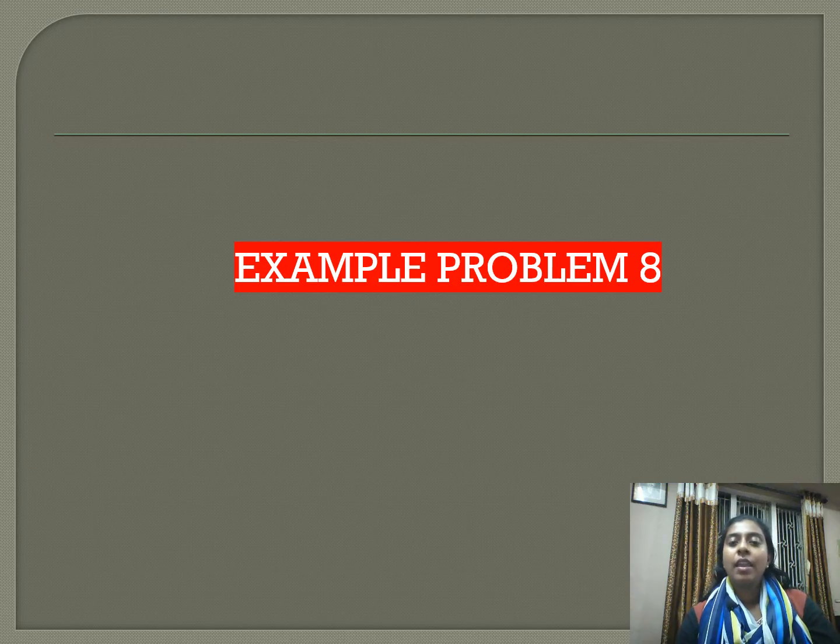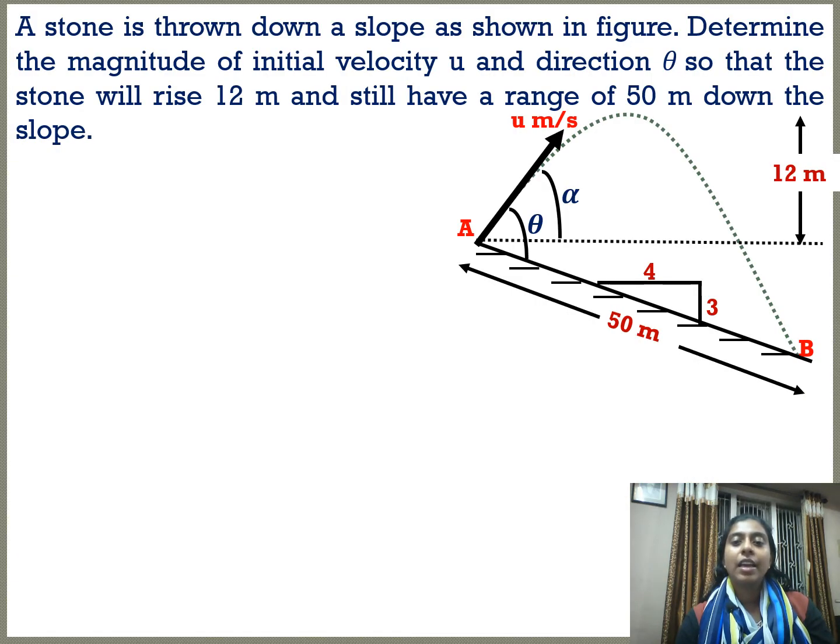Now we will go for the next example. A stone is thrown down the slope as shown in the figure. So this is different from the previous problems. Previous problems, the target was either lying on the horizontal line or at a height above the horizontal line.